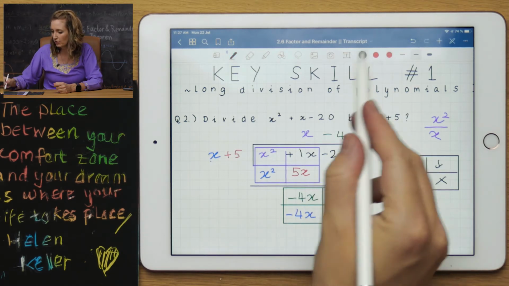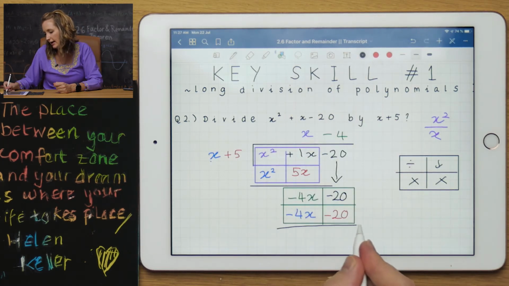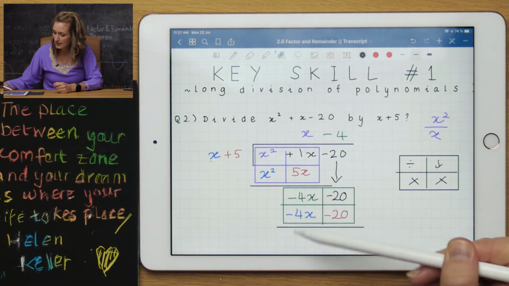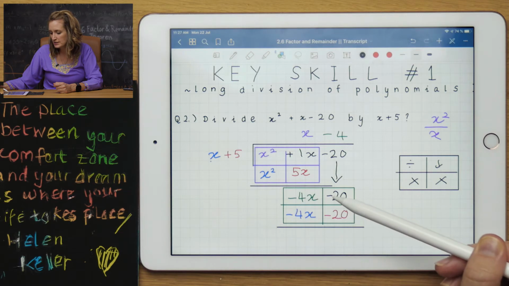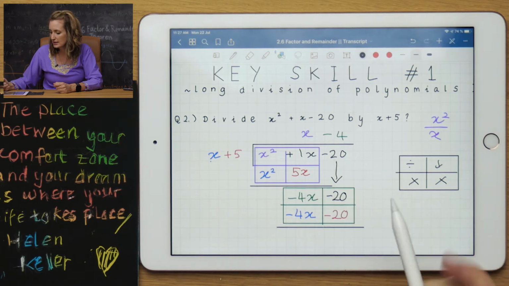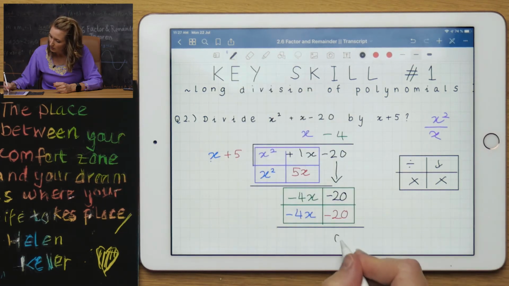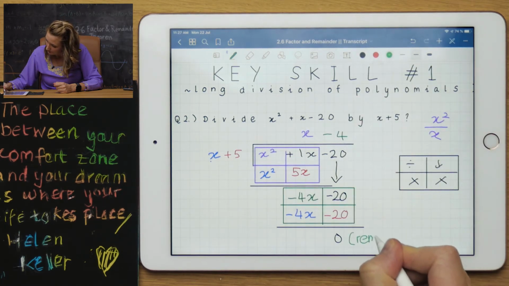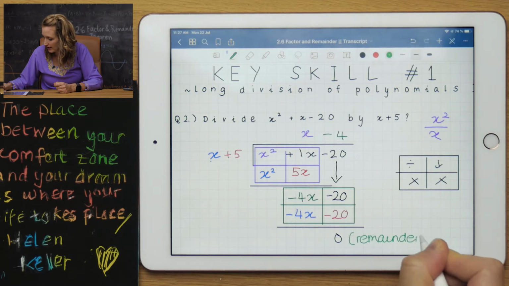Once you've finished your block, you always subtract to start again. Minus 4x minus minus 4x is nothing. Minus 20 minus minus 20 is 0. So that's where your remainder goes; the remainder is always here at the end.